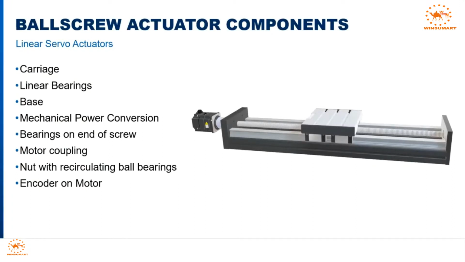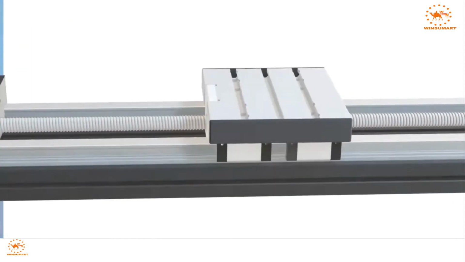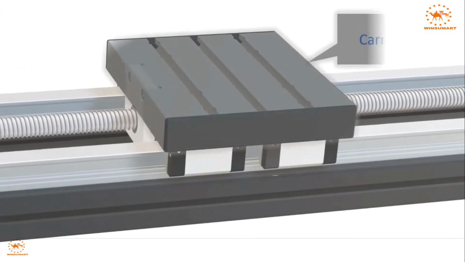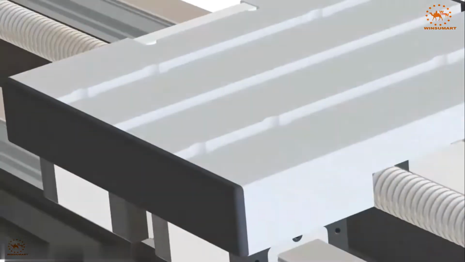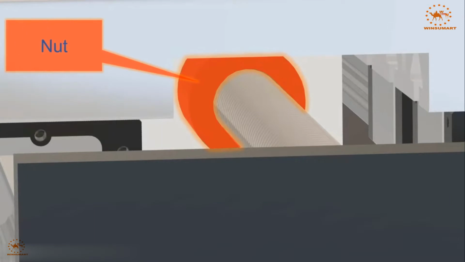Now let's consider a few competing mechanical technologies, starting with a typical ball screw. These also have a carriage that moves on linear bearings and rails, but the force to move it is transmitted through a nut from a rotating screw. This nut is typically comprised of a system of enclosed recirculating ball bearings which minimize friction.